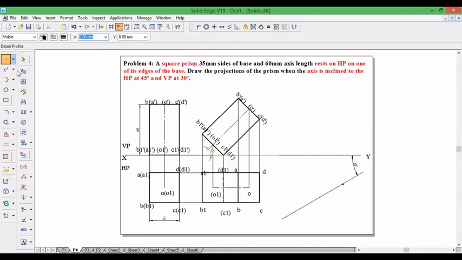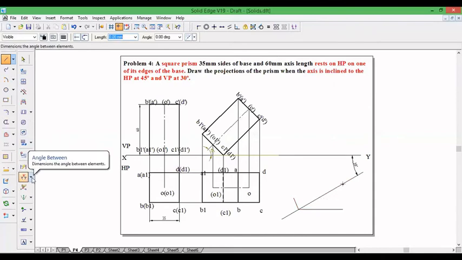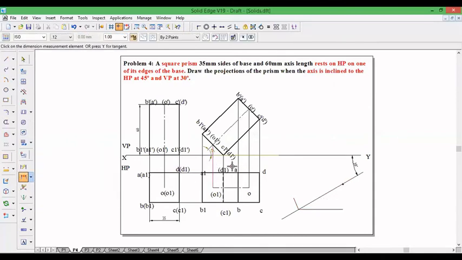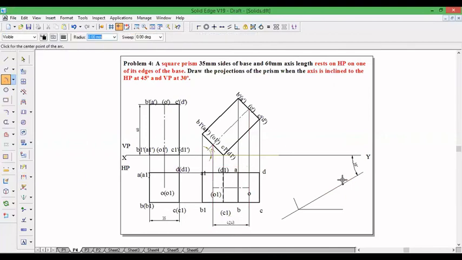Now take arc by center point method. Keeping this as center, take original length of the axis 60 mm as a radius and cut an arc. Draw a line from the intersection of that arc and 30 degree line. Then measure the distance, the apparent length of the axis. So 42.43, keeping same center, take the radius 42.43 and cut an arc.